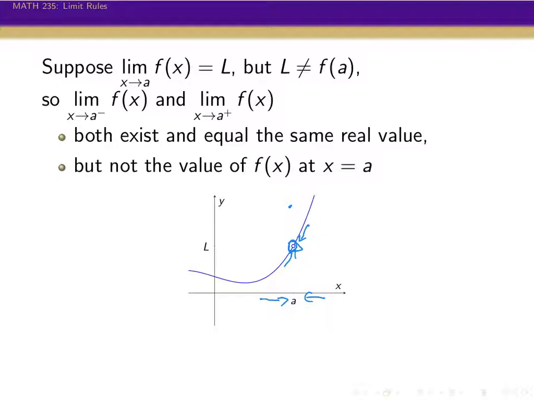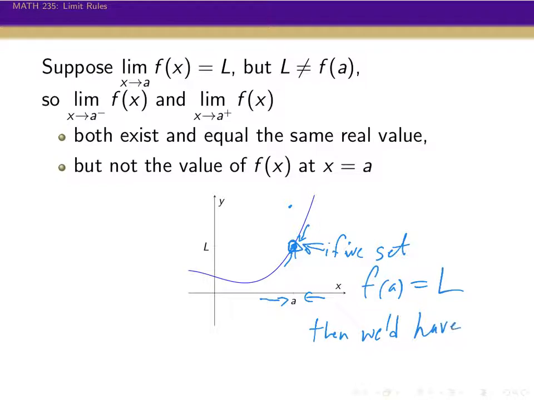The idea here is that we could fix this discontinuity at this point just by changing the value of the function at a. If we set f of a to equal L, so we are changing the value of the function at a to be L, the limit that we got from the two sides, then we'd have continuity.